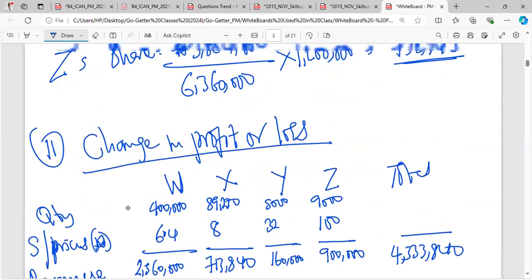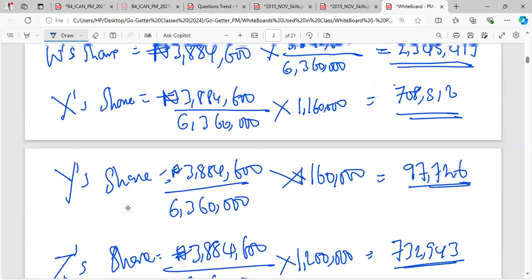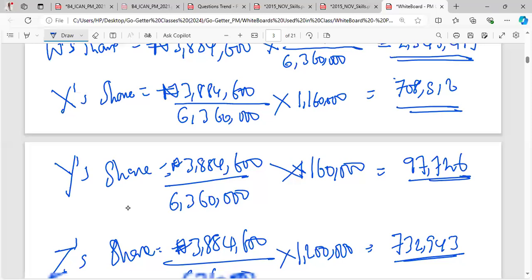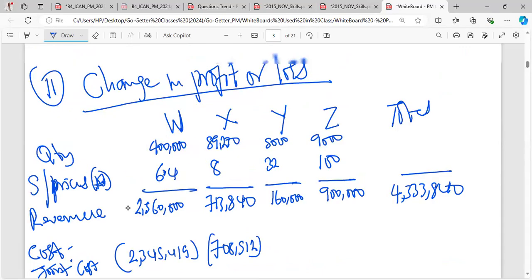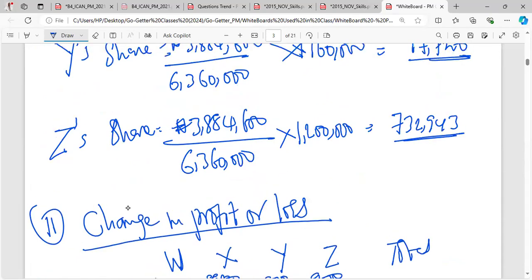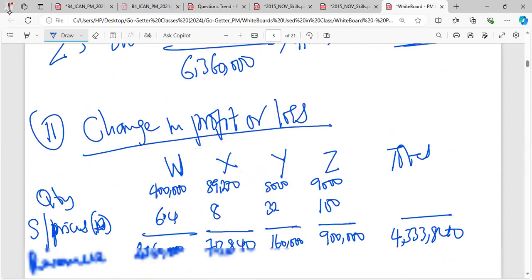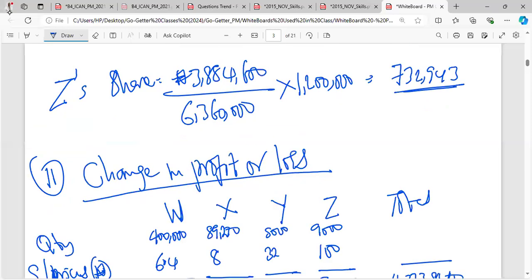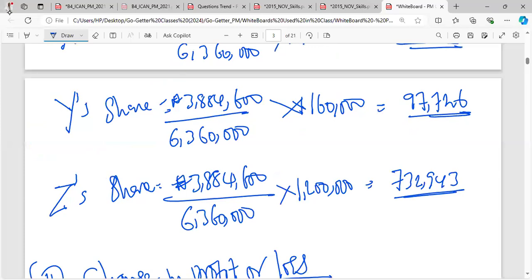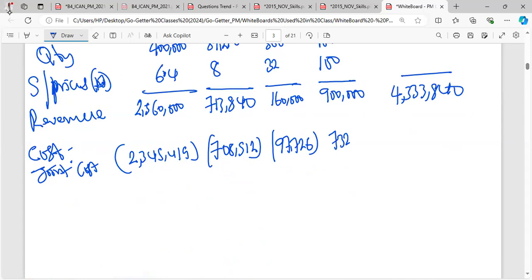X is 708512. Y will now be 97726. Z is 732943.